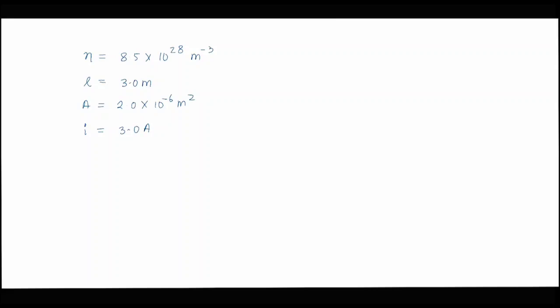So for this particular problem, we begin with our working formula. I is equal to NEAV, where V is regarded as drift velocity. So over here we can say that drift velocity is equal to length of the wire divided by the time it will take to cover that distance. So I can replace it in this way.